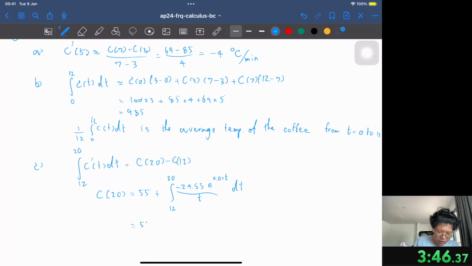Plug all that abomination into the calculator and we'll get 55 plus the integral from 12 to 20 of minus 24.55 times e to the 0.01 t divided by t dt, which is 40.33 Celsius.